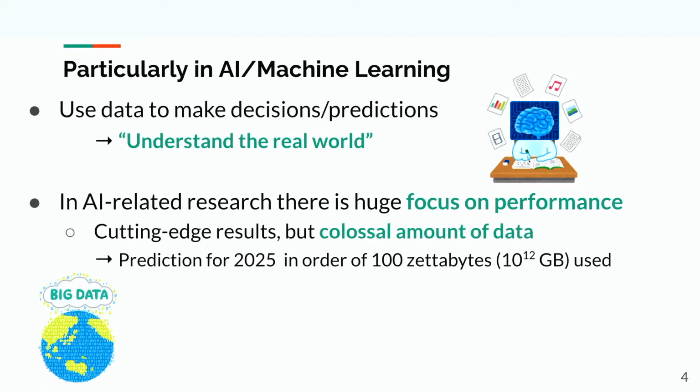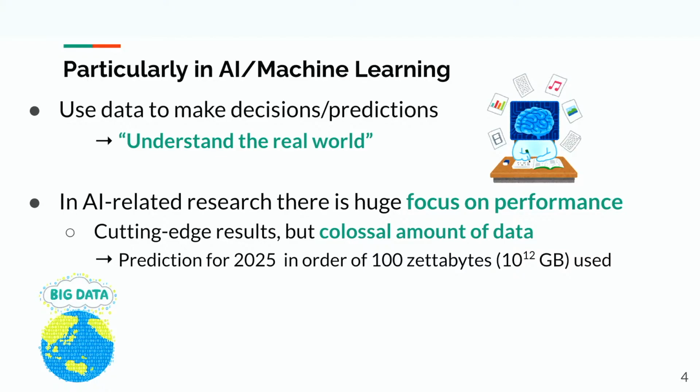And this is particularly a problem in the field of AI or machine learning. What I mean by that is machine learning is when we use data to make decisions or predictions about the real world. And so that's what I mean when I say understand the real world: use data and then use it to decide things.